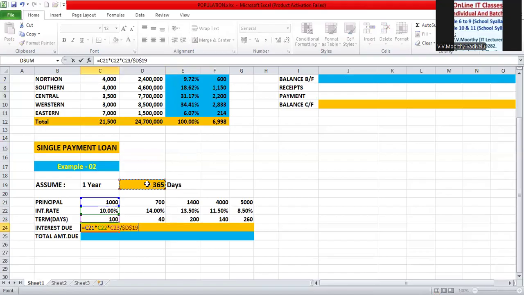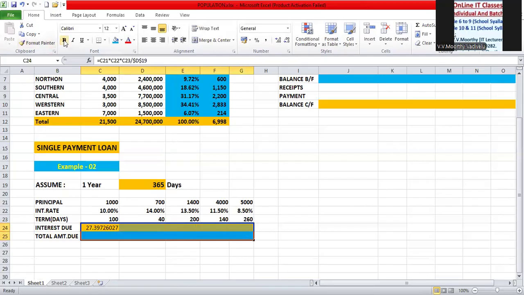Function key F4, single fixed, then enter. So now copy this. Then 2 decimals.